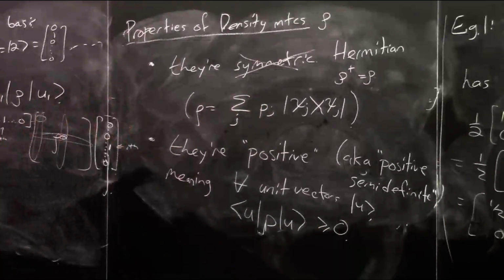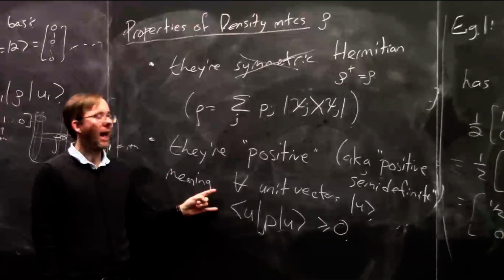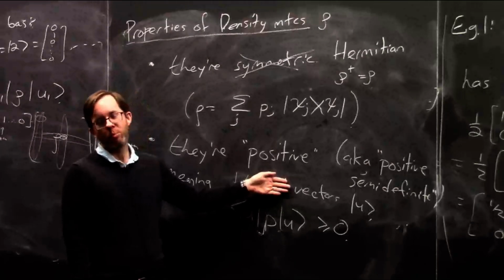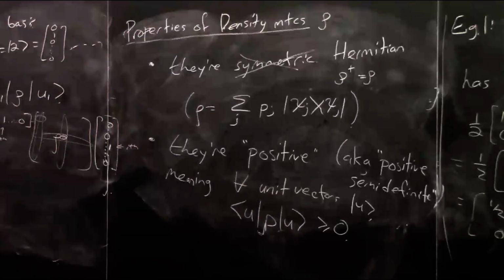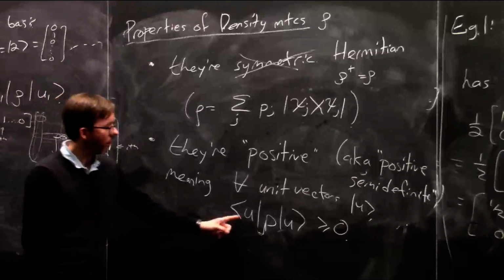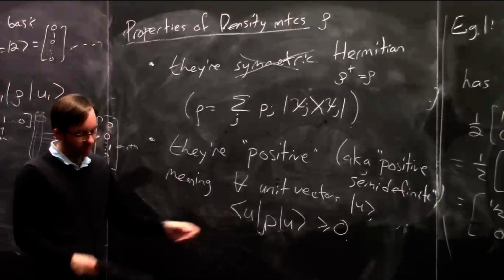This is the definition of a matrix rho being positive or positive semi-definite. Actually, usually when you look it up in a book, they just say for all vectors. But it's easily seen to be equivalent to the statement for all unit vectors, because scaling by a scalar doesn't really change things. It'll get canceled out. So why is this fact true?